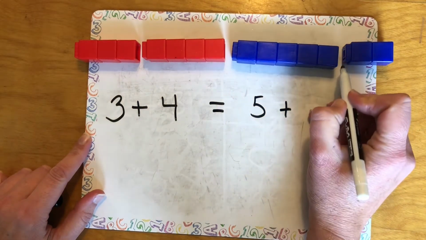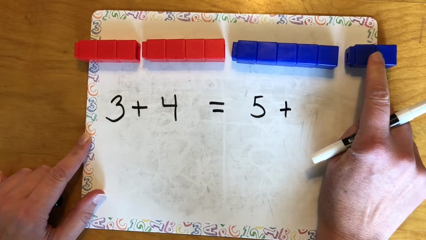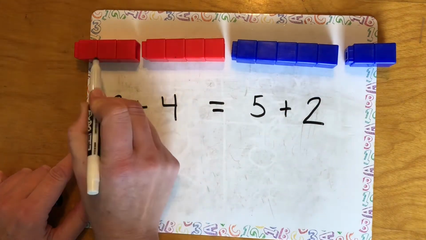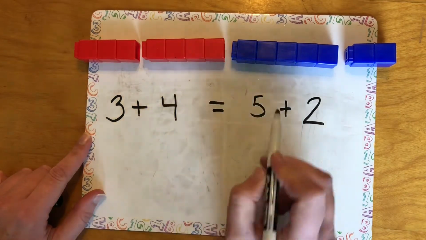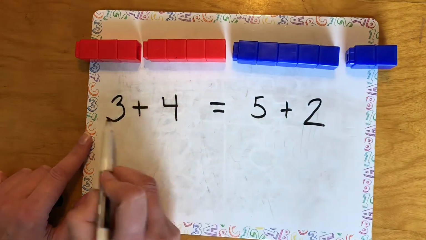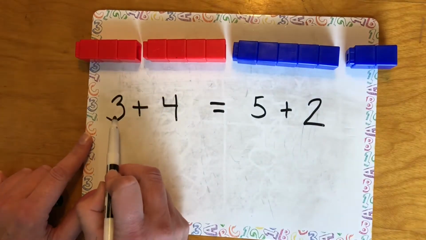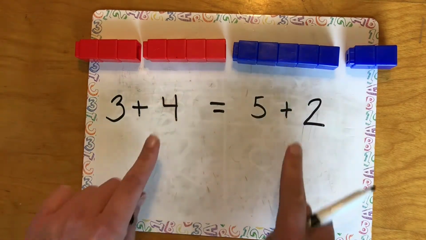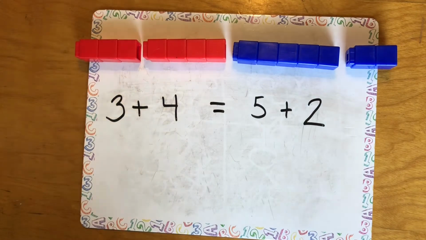And where my break comes, how many more? 2. 3 plus 4 equals 7, and 5 plus 2 equals 7. So my equivalent sum says 3 plus 4 equals 5 plus 2. Both of these equal 7, and I get the same answer.